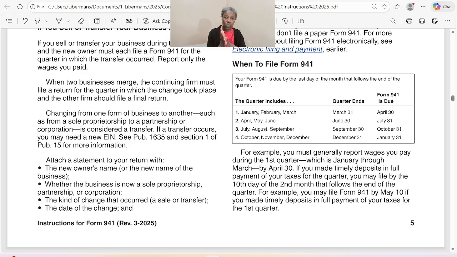Attach it with the receipt to the form copy that you are keeping for your business record, and file it for your business. That way you have proof that you mailed it to the IRS. And again, quarter 4 is due by the end of January, for the quarter ending December 31st. This is how you'll fill out that form.